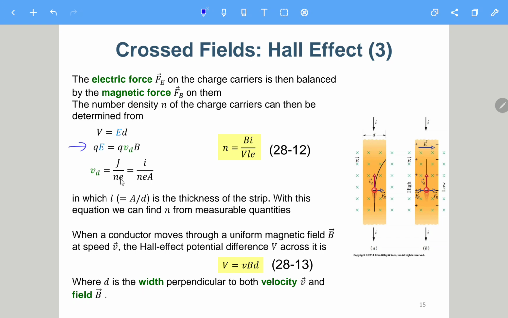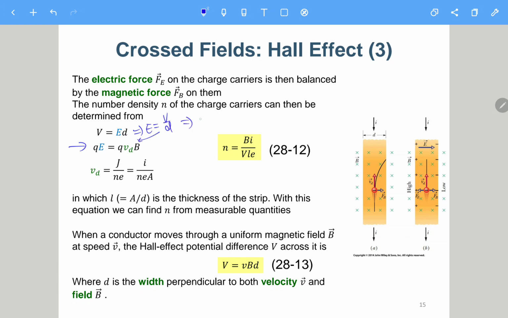In this case, we try to eliminate E and Vd, which means we plug one into the other. First, E equals V over d, and plug this into here.